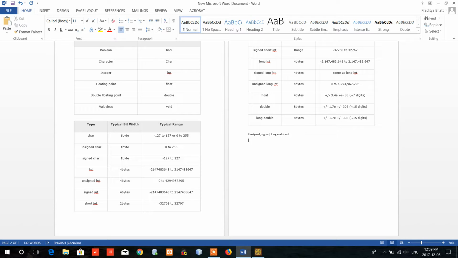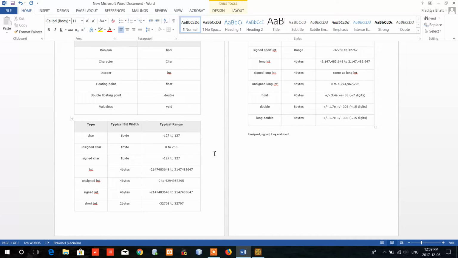These are the 4 data type modifiers which are used to modify the range of the data types which are built into C++. When we talk about char, it is one byte of width, and its range is usually -127 to 127. But when we modify it with unsigned char, the size remains the same, but it becomes unsigned, so only the positive values are included.